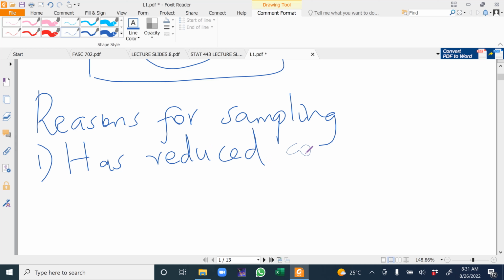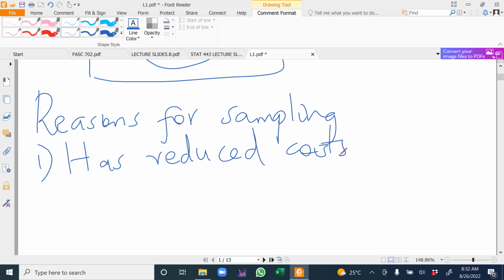and we know that in this particular case, instead of using the resources, especially financial resources, that you have to collect data from each and every element in the population, if you are to use just a fraction of the population, then the expenditure is bound to be less compared to when you were to conduct a census.